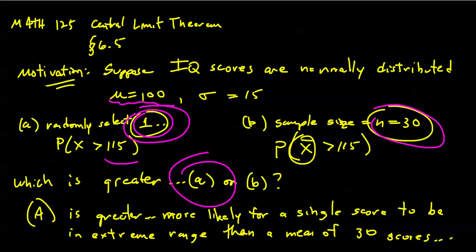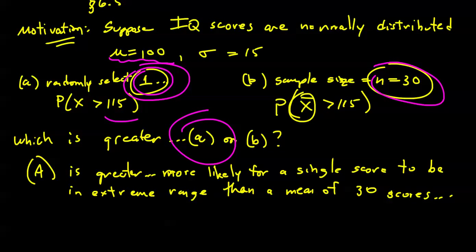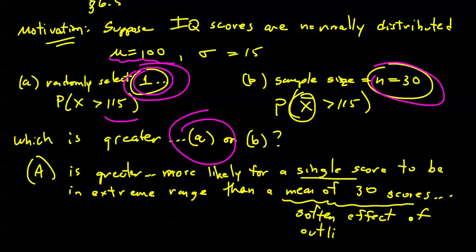I think we can all buy into that. It's easier for a single score to be a fluke value than a mean from a group of 30. And the reason why is easy to see. By taking the mean of a sample of size 30, you are really softening the effect of extreme values. I'll call them outliers. And it's more difficult for a mean from a sample to achieve extreme values in any given range. Okay?